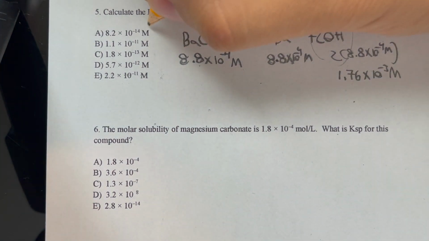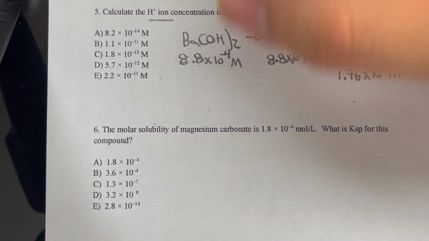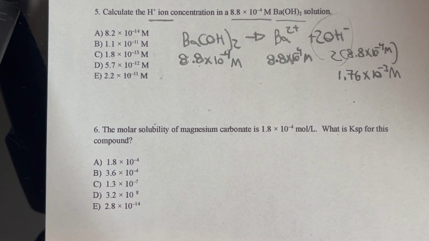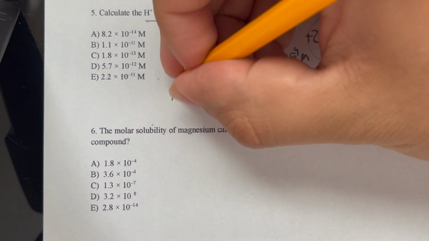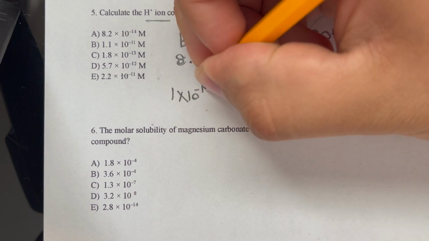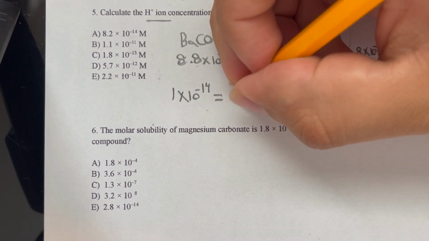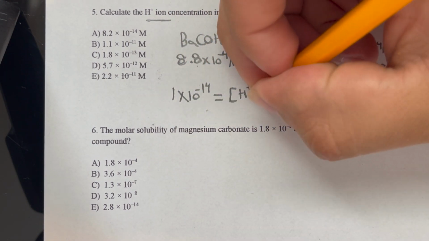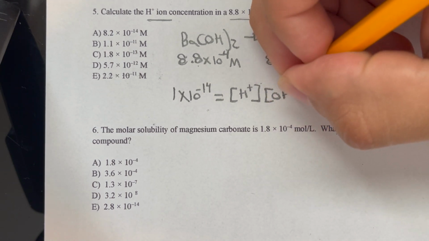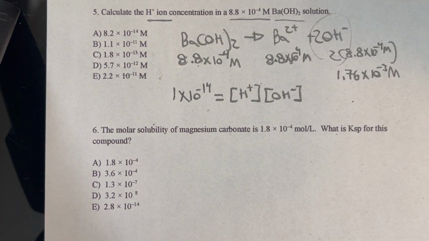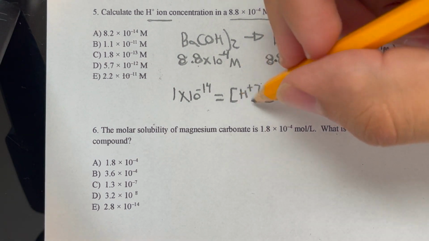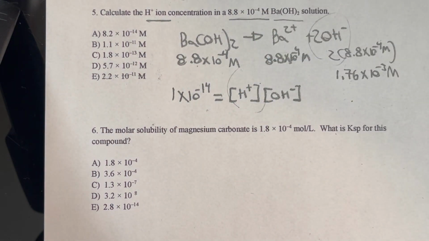We want H ion concentration, and the relationship between H ion and OH ion is 1 times 10 to the negative 14 is equal to H plus times OH minus. So if we want H plus, then we'll just have to solve for H plus.